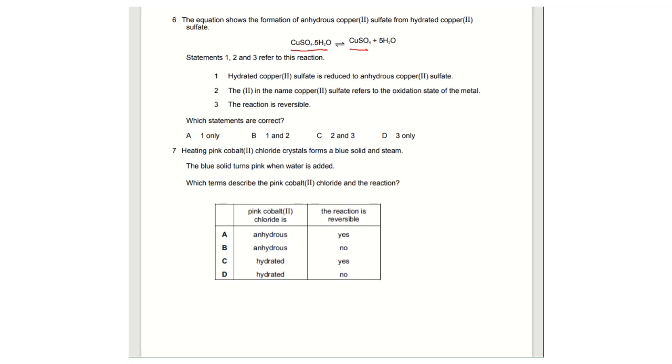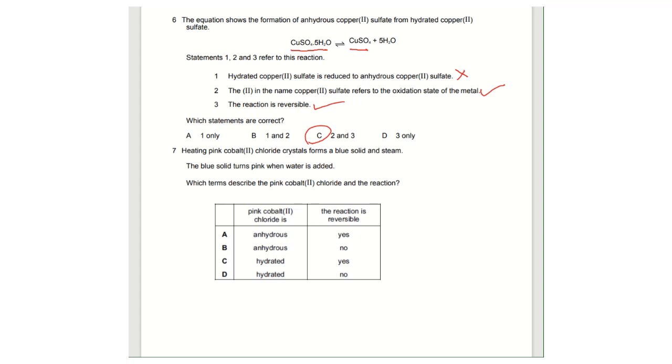Statement 2: the 2 in the name copper 2 sulfate refers to the oxidation state of the metal. Yes, this is correct. Statement 3: the reaction is reversible. This is correct. But statement 1 is not correct. There is no reduction here. This is decomposition. Oxidation and reduction are actually two terms which are used differently. So 2 and 3 are correct. So choice will be C.